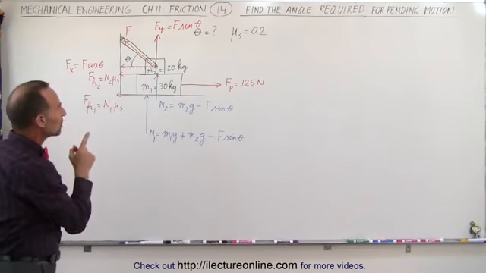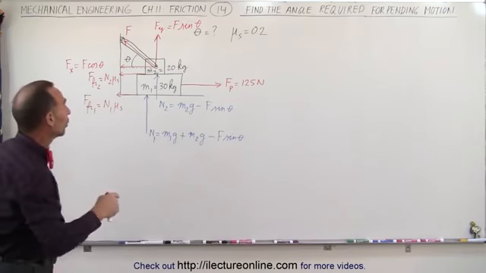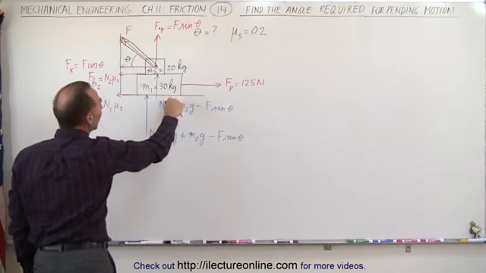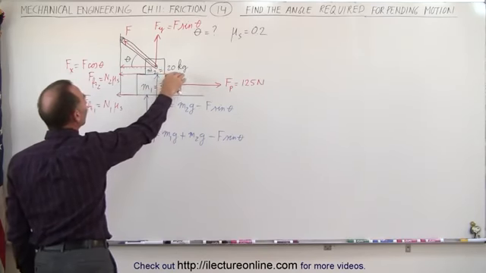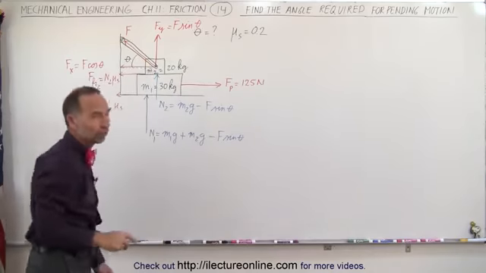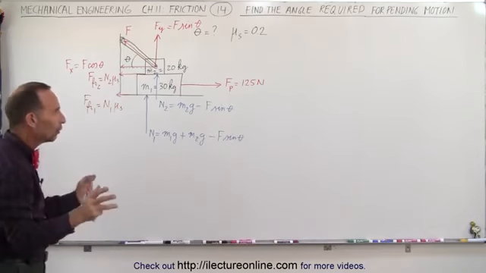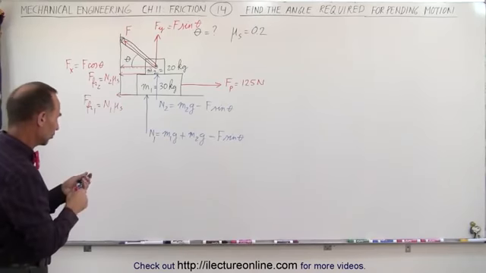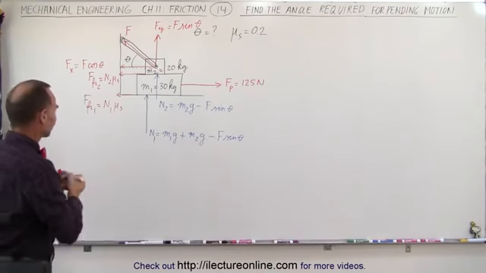So what we can do is set up an equation to calculate all the forces in the x direction on M1, and we can find the sum of the forces acting on M2 in the x direction. Then hopefully we'll be able to solve for the angle by combining the two equations. So let's start with the first one.